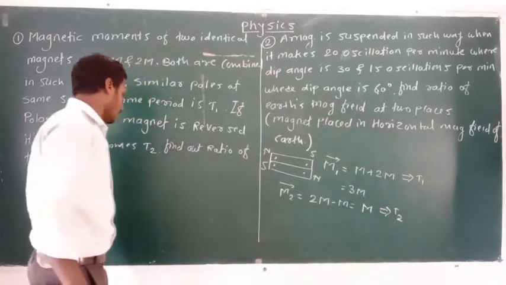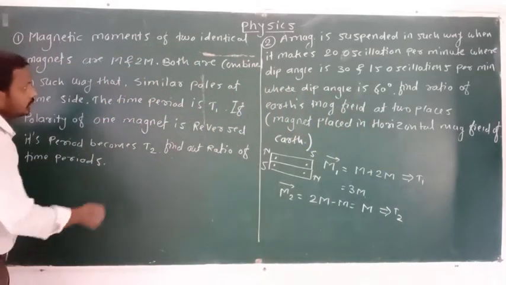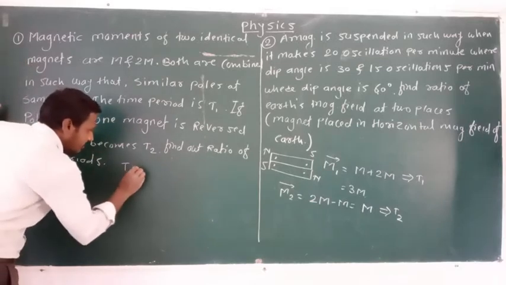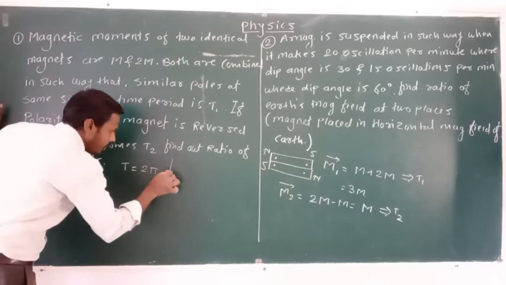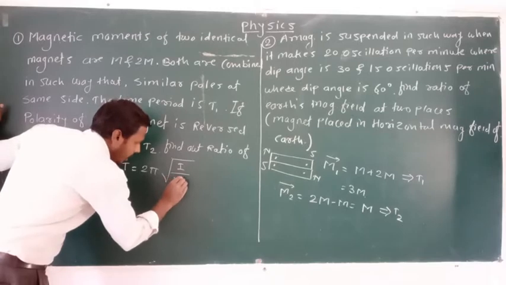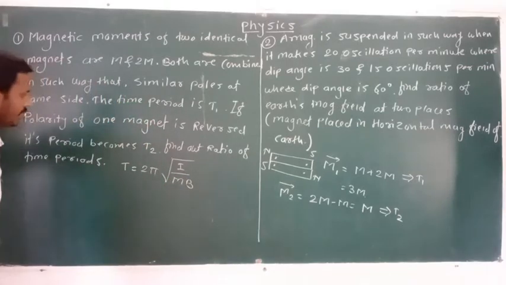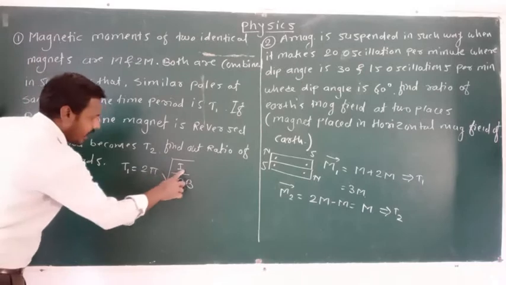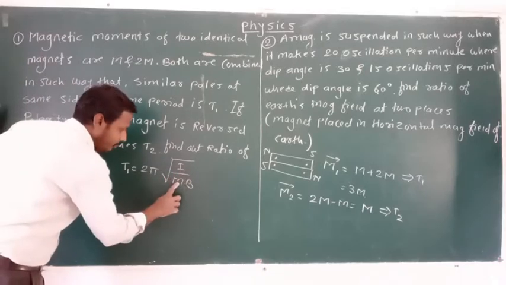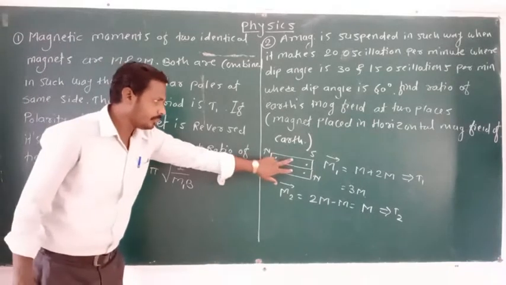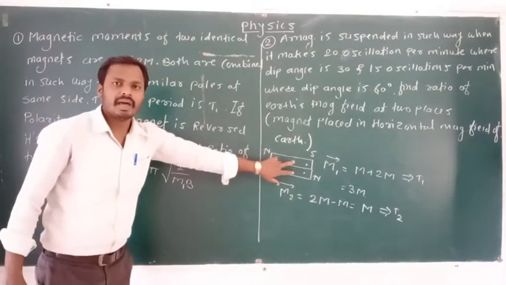Now we know that the time period of the magnet kept in uniform magnetic field is T equal to 2 pi under root I divided by m into B. Therefore here is t1, 2 pi I divided by m1 into B. At the same place the polarity of the poles of the two bar magnets are reversed.